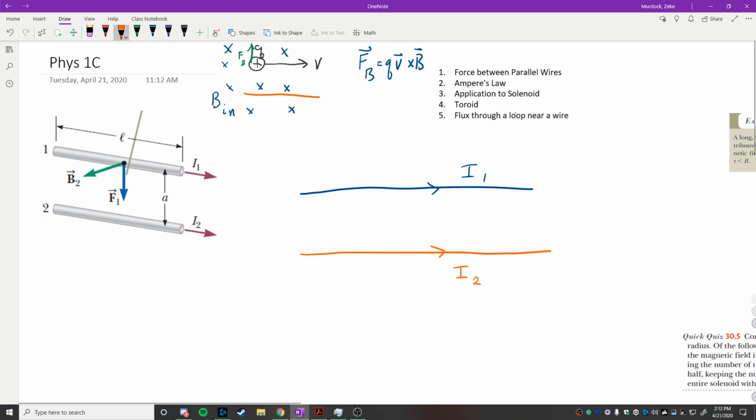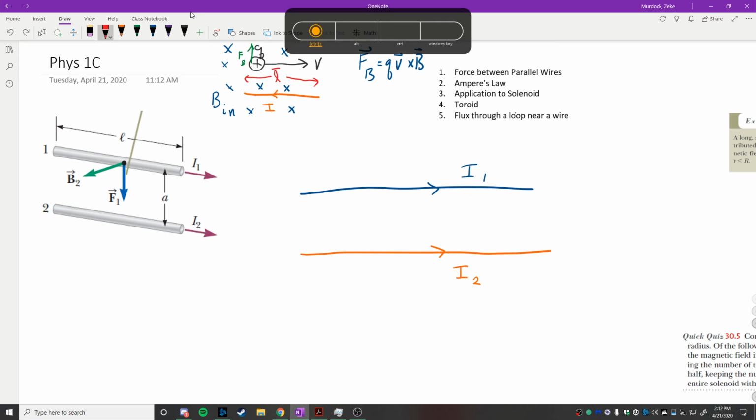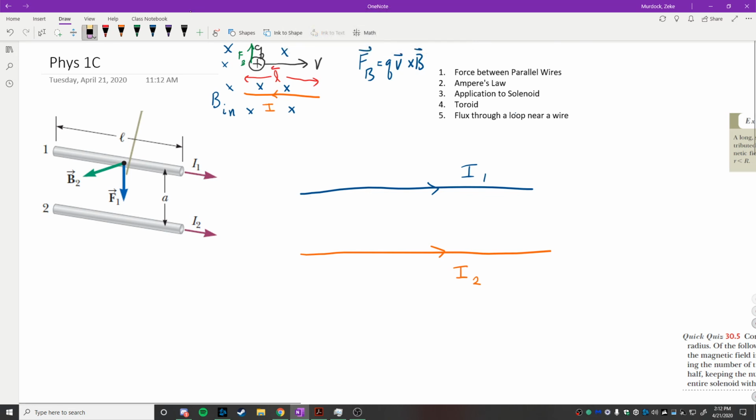So if I have a wire that carries some kind of current, and we call that current I, and the wire has a length that we call L, and you make a vector to represent that right there.